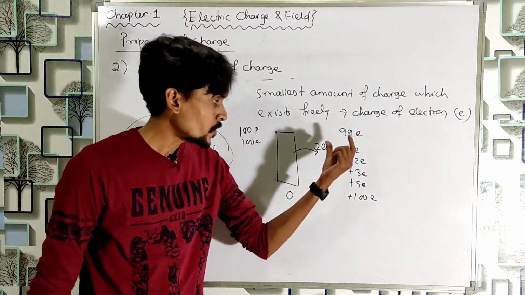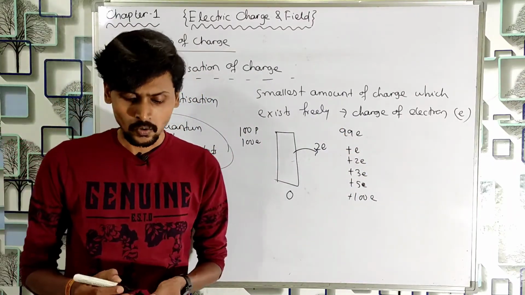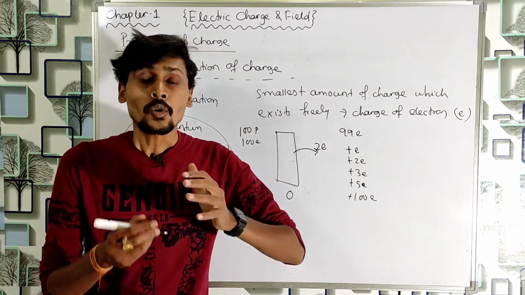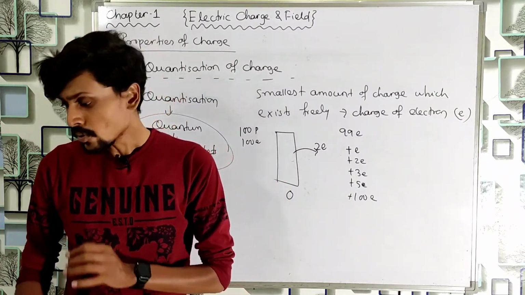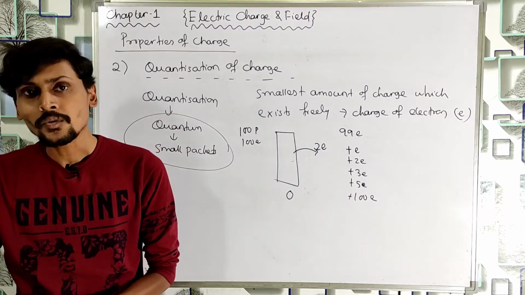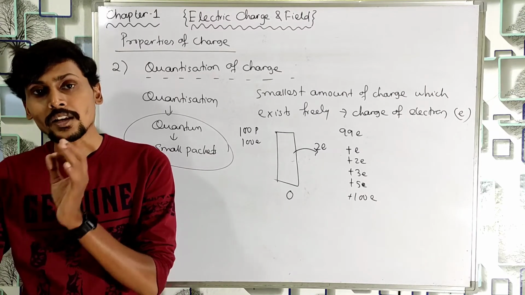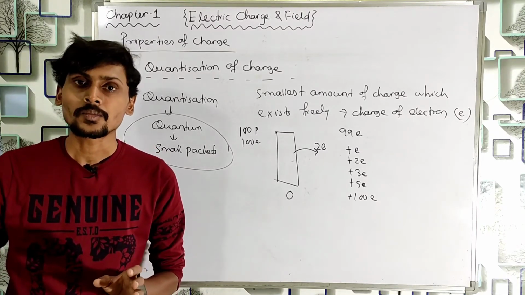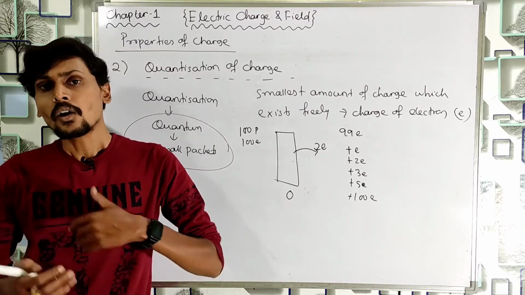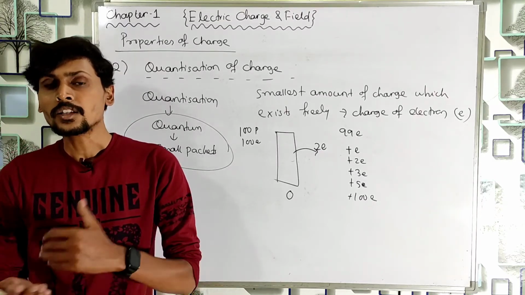So what do we observe from this data? We can remove either 1 electron or 2 electrons or 3 electrons, means a whole number of electrons. You cannot remove 1.5 electrons. You cannot remove 3.4 electrons. Means we cannot remove a fractional number of electrons. We can remove a whole number of electrons, either 1 or 2 or 3 or 4 or 10, 15, 20.